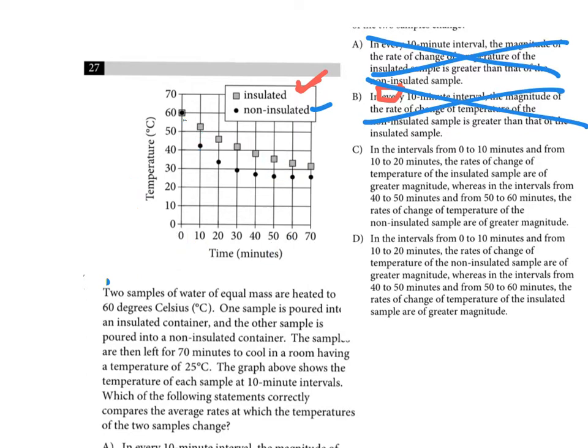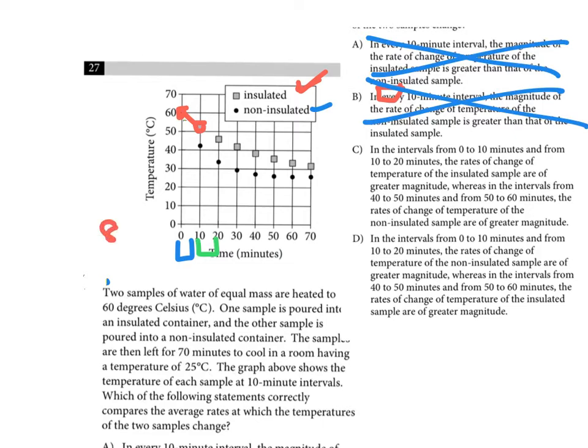Letter C, the intervals from 0 to 10 and from 10 to 20, the rates of change of the temperature of the insulated are greater. So let's see what that means. Well, the insulated, we said from 60 down to 52, so that's about 8.